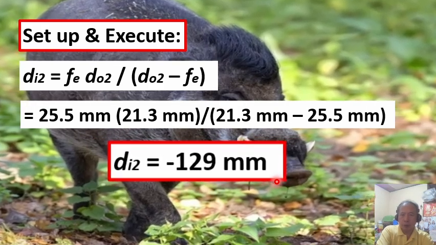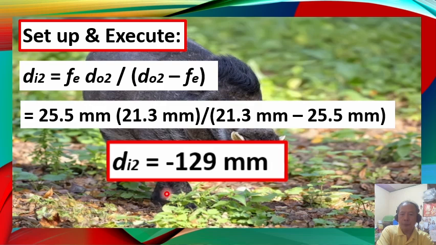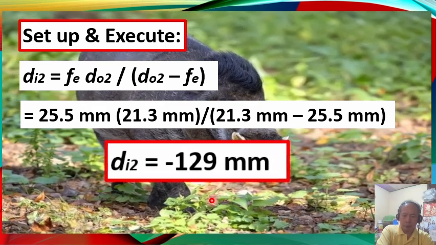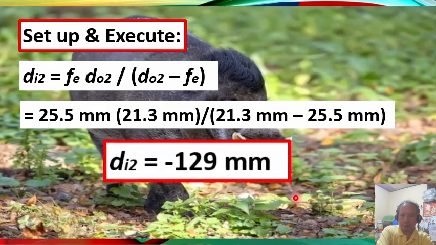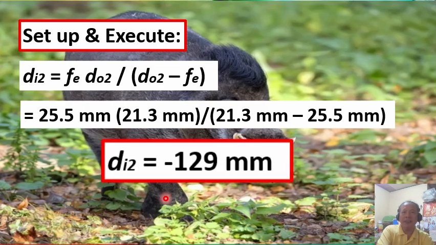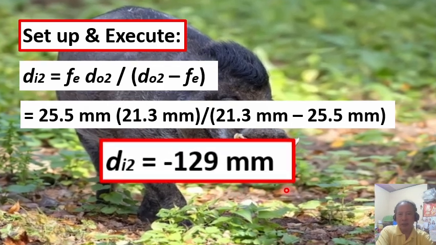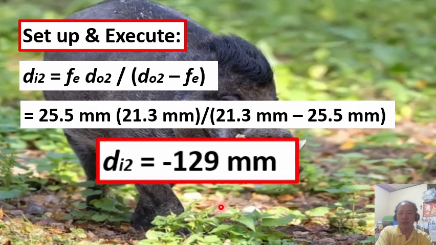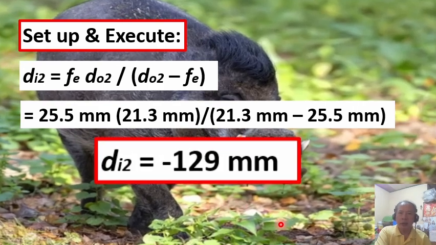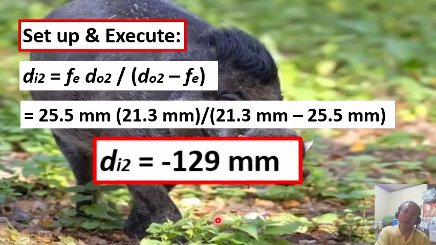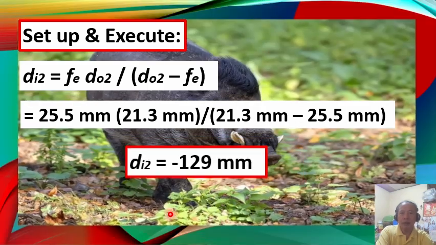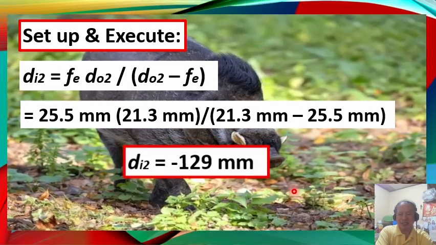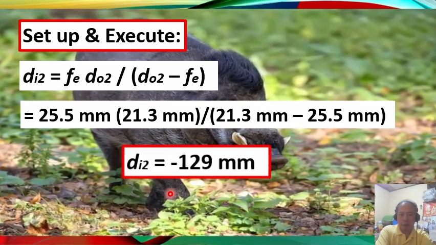And also, the size of our final image is that it is enlarged, right? It is enlarged and erect relative to the eyepiece, right?